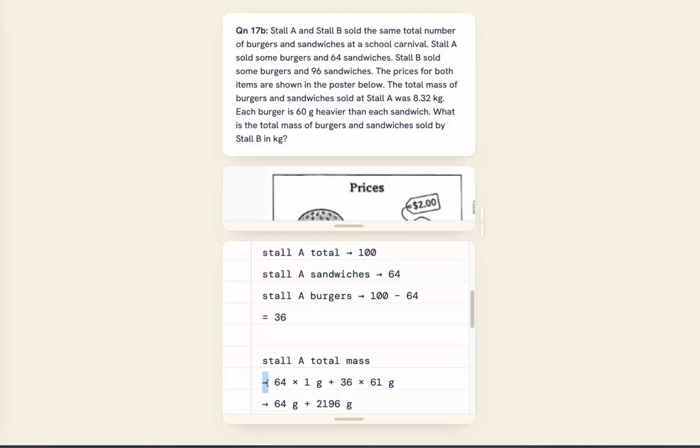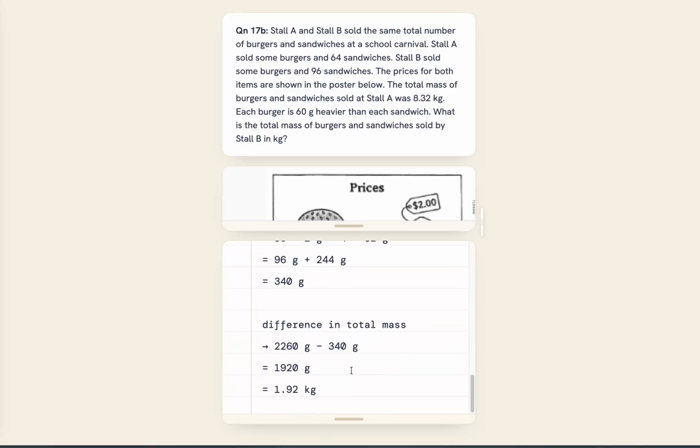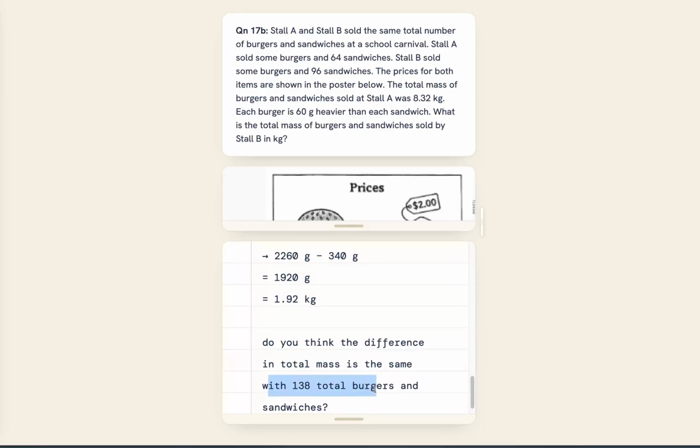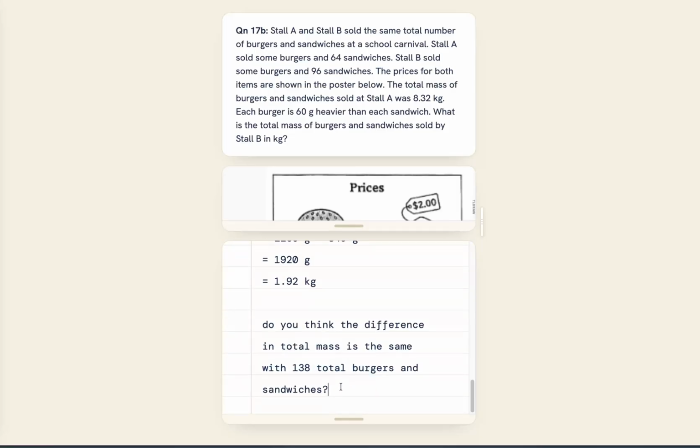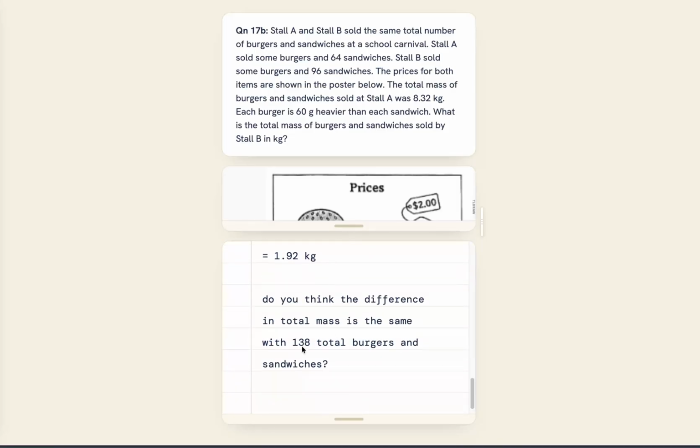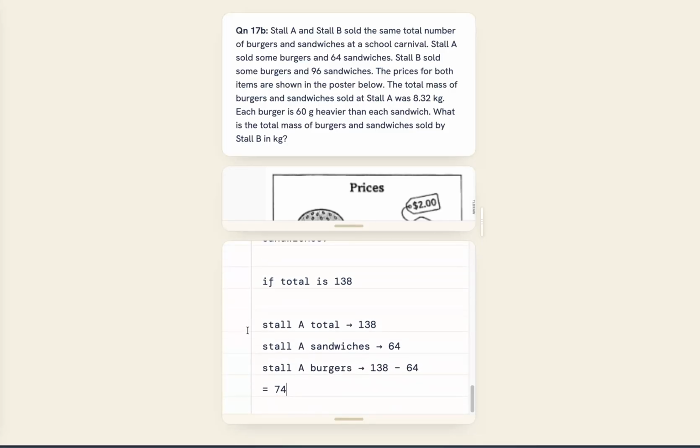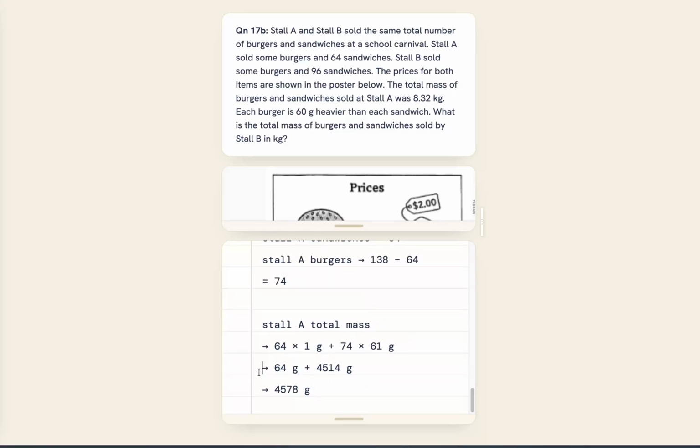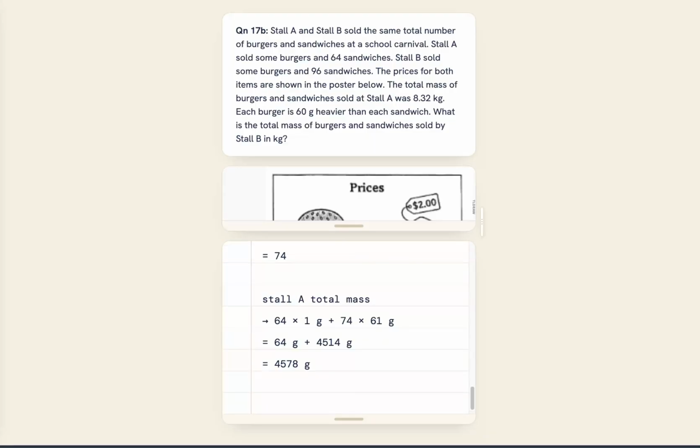So I see over here. So the thing is that, do you think the difference in total mass is the same with 138 total burgers and sandwiches? And we can just calculate again. So same thing, if total is 138, then stall A burgers is 138 minus 64. Then we can get the total mass again, which is equal to 4578. Then stall B, same thing.